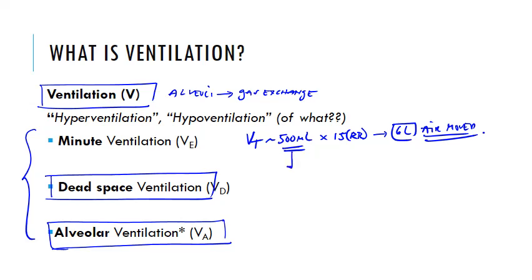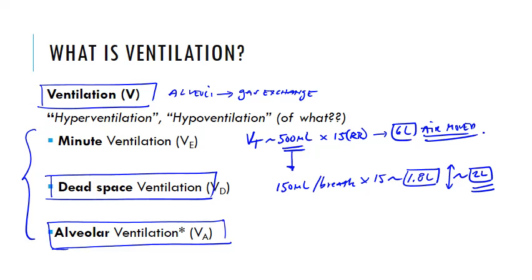Dead space per breath is about 150 milliliters. If we multiply this times 15 respirations per minute, we get about 1.8 liters of unused dead air moving back and forth in the conductive airways, and I'm going to round this to about 2 liters.